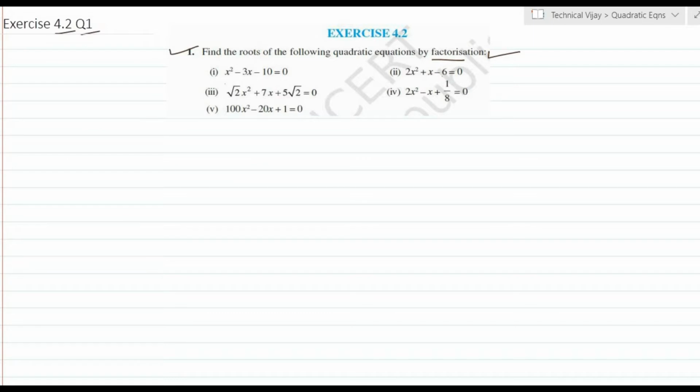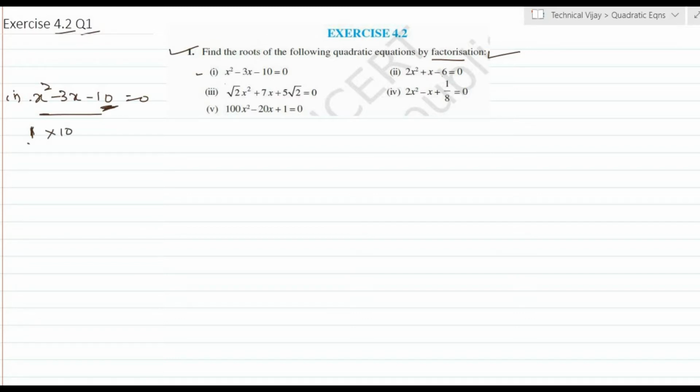Now the first portion: x square minus 3x minus 10 equal to 0. For doing the factorization, we have to consider the coefficient of x square, which in this case is 1, and the constant term, minus 10. Here we have to ignore the sign of the constant term and take only the number.